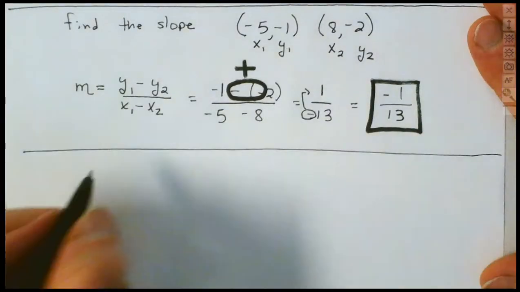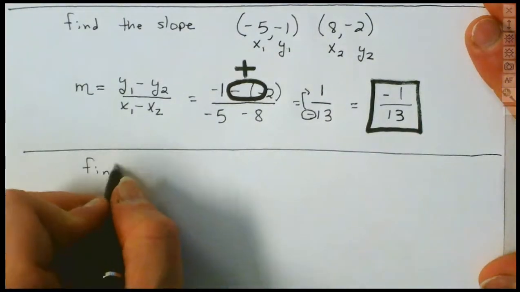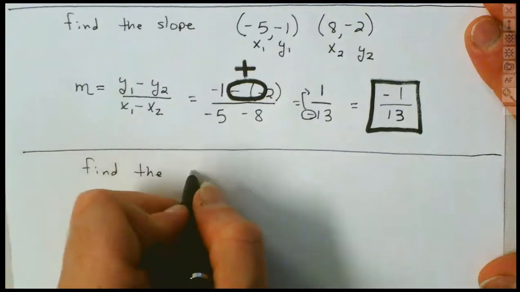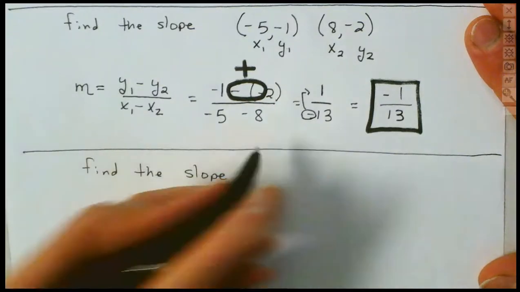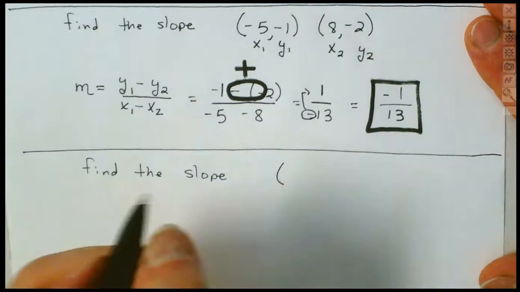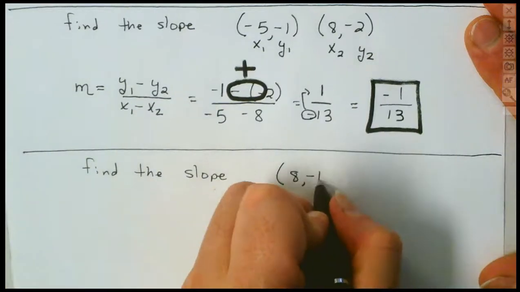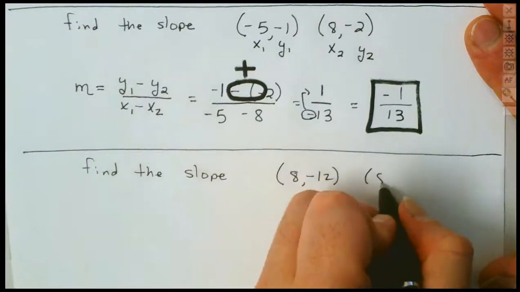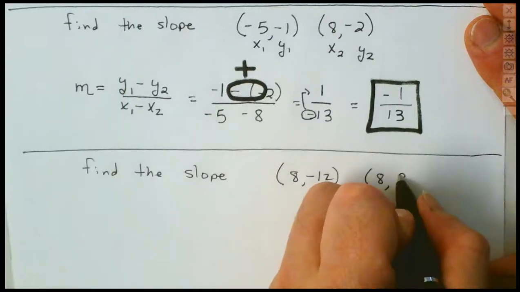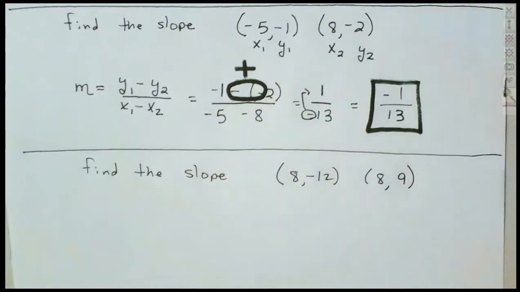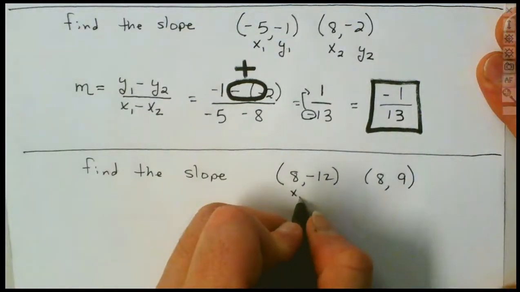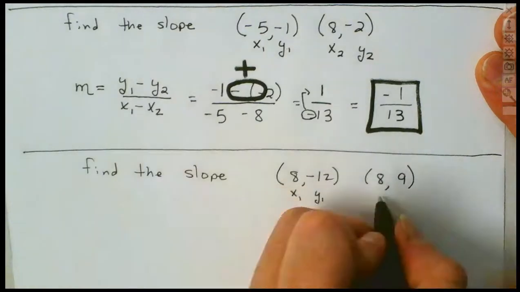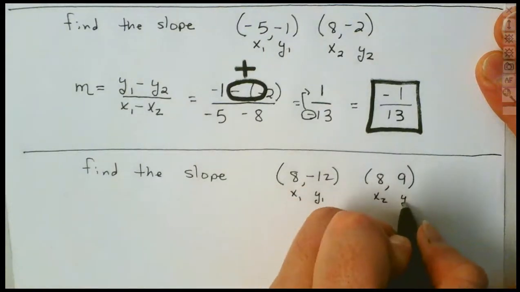So let's do one more. And I want you to find the slope here. Label x1, y1, x2, y2.